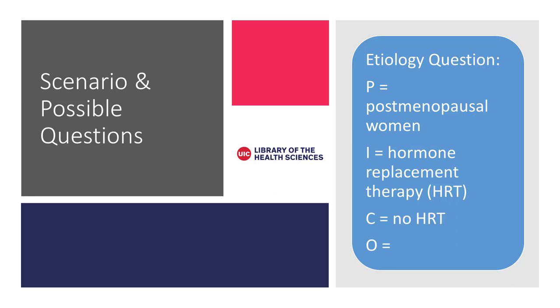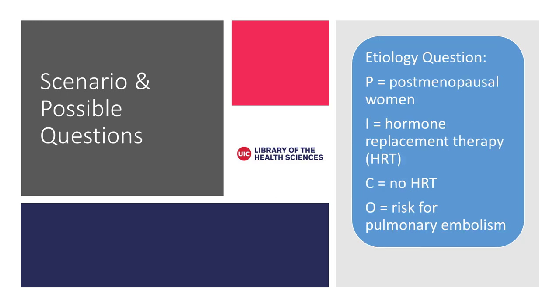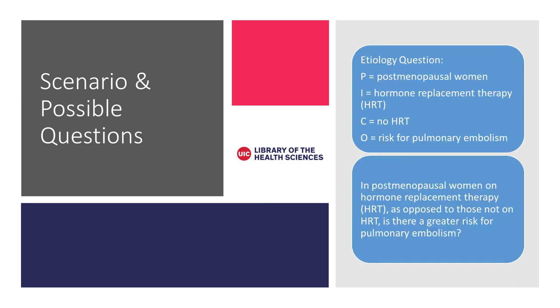And finally, the outcome that we are interested in is risk for pulmonary embolism. In natural language, our PICO elements might be phrased as, in postmenopausal women on hormone replacement therapy, as opposed to those not on HRT, is there a greater risk for pulmonary embolism?